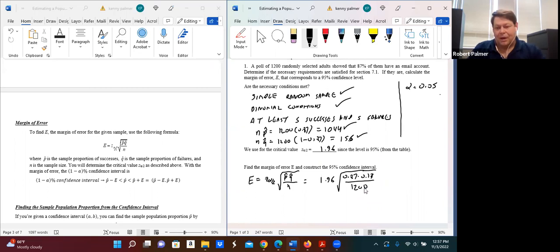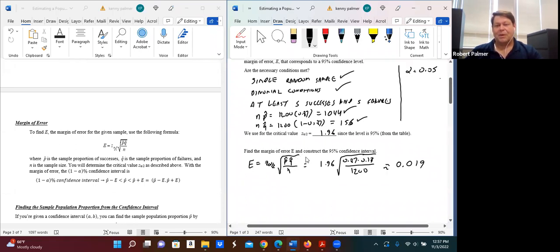And that comes out to be, now you have to be careful how you round it off, approximately 0.019, going to 3 decimal places. Okay, so that's my margin of error, that's my E.